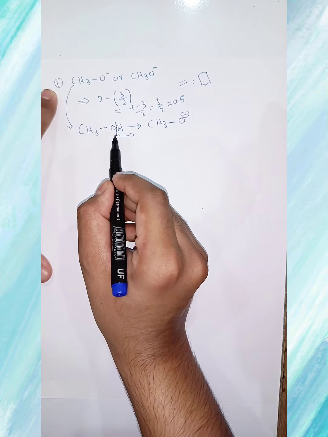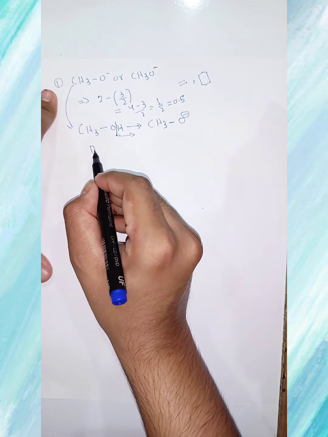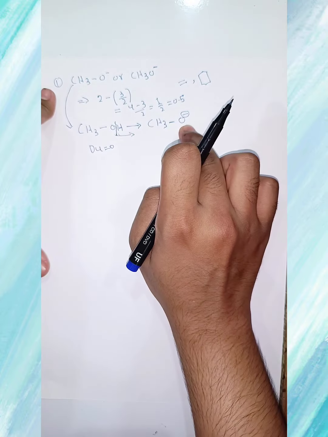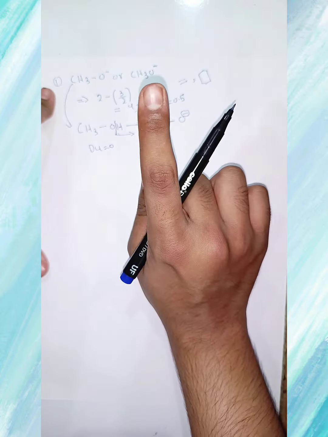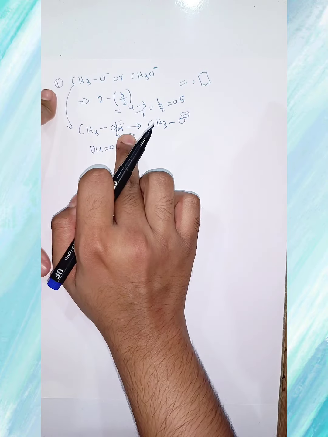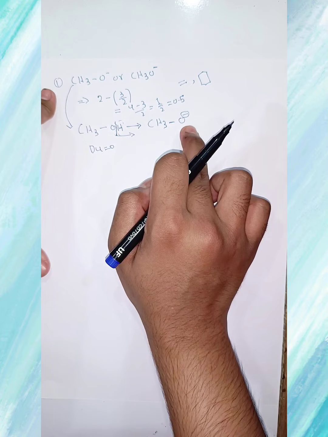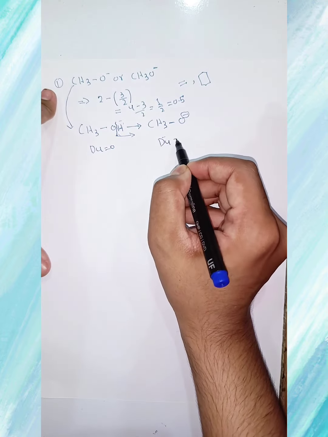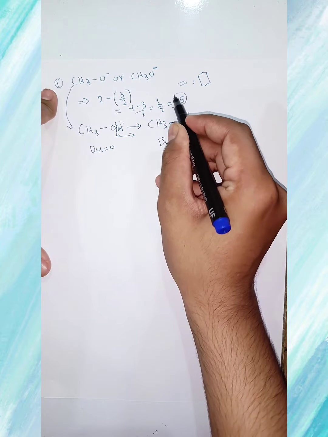Earlier this was an alcohol, and you all know that the DU of this compound was 0. But now since it possesses a charge, and you can clearly make out that it has lost one H, earlier 4 H were present in total, now only 3 H are present. So DU must change, and it came out to be 0.5.